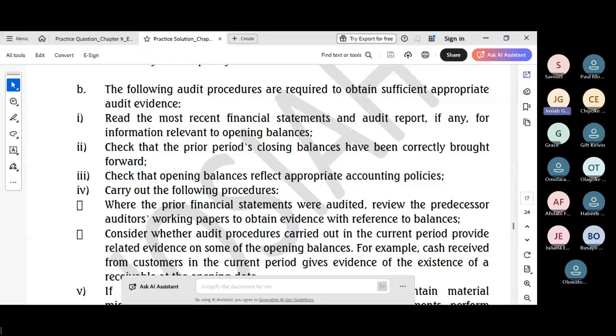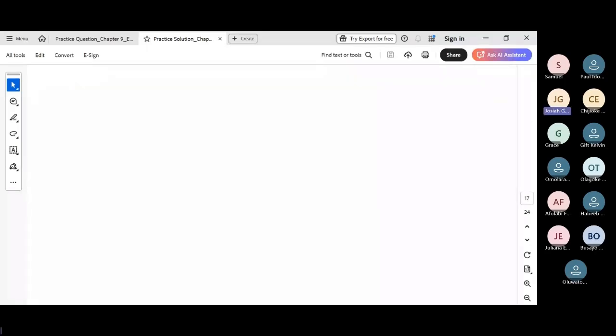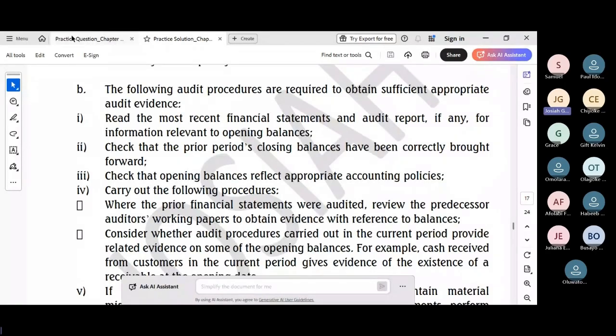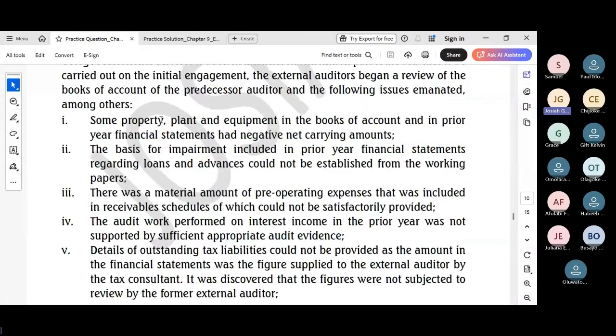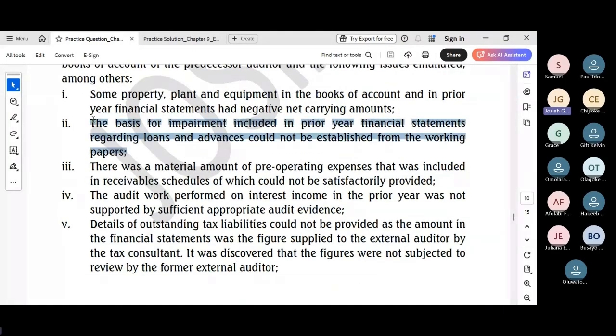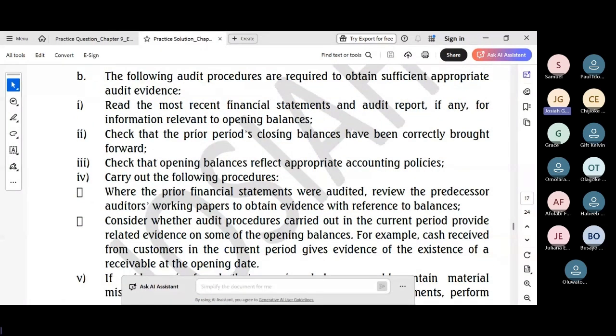Since 2 marks are given per point, ensure each point is detailed because it's 8 marks. Mention specific compensatory procedures required by the scenarios facts, like reperforming loan impairments, and that's performing loan repayments. That's the second issue, I think. Yes, issue number 2. So we should discuss around that, the loan impairments.